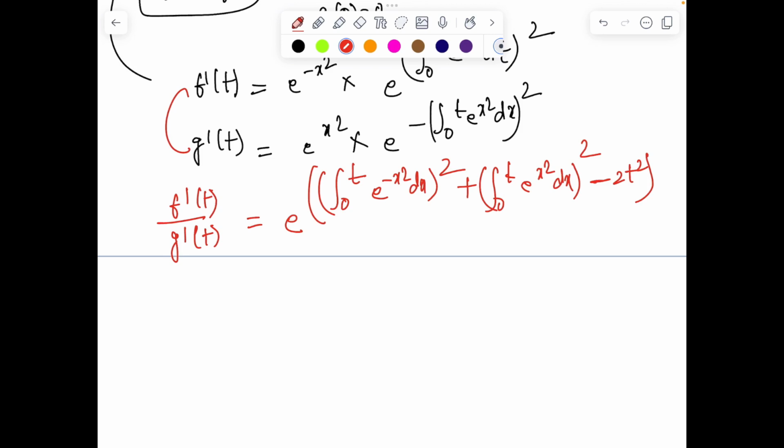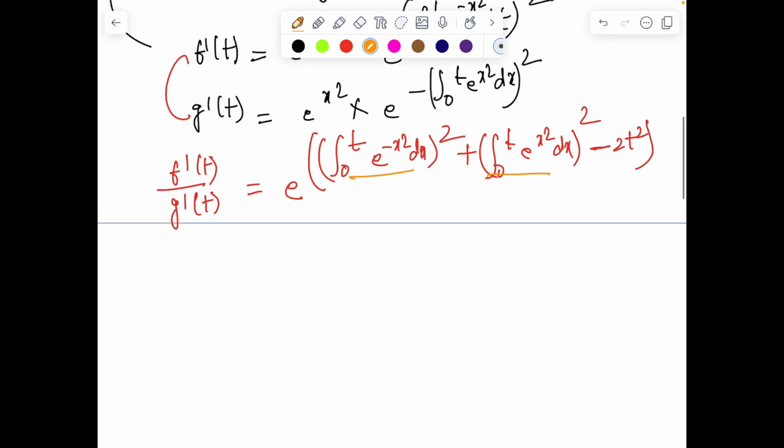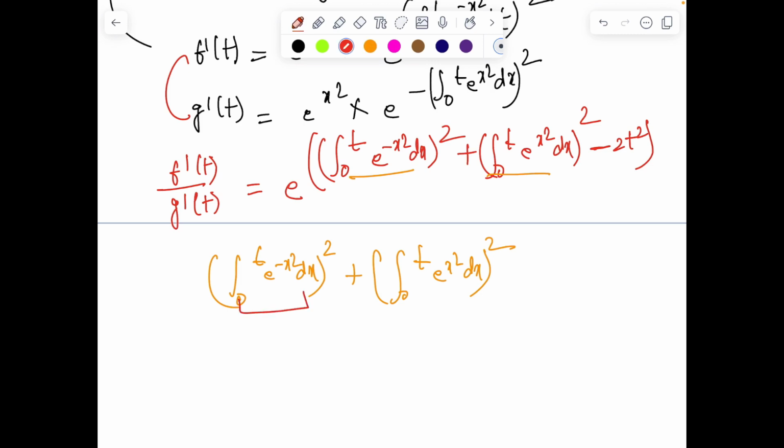And that's interesting news, because now we are getting a feeling of something like a square plus b square, and that motivates us to bring in AM-GM. So let's say the integral from 0 to t of e to the power minus x square dx, whole square, plus the integral from 0 to t of e to the power x square dx, whole square. Anyway, both quantities are always positive, right? At t equal to 0, it will give 0.